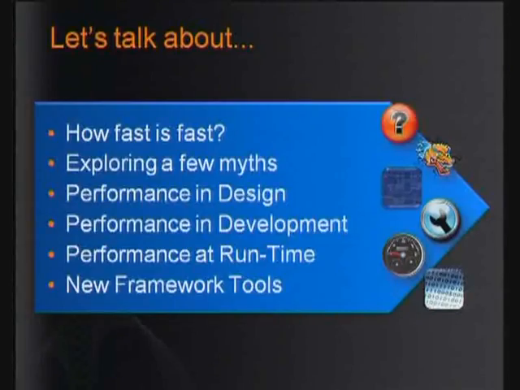So the first area is right up front at the design stage. Design decisions made up front have a huge impact on your performance characteristics at deployment. So if you can avoid major mistakes up front, you will have less of a struggle to meet your performance targets at the end. We'll then look at the tools available for both performance in development and performance at runtime.